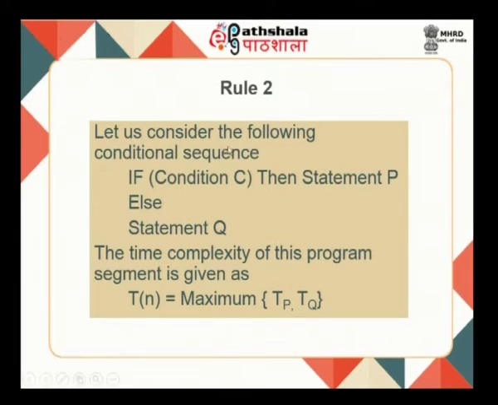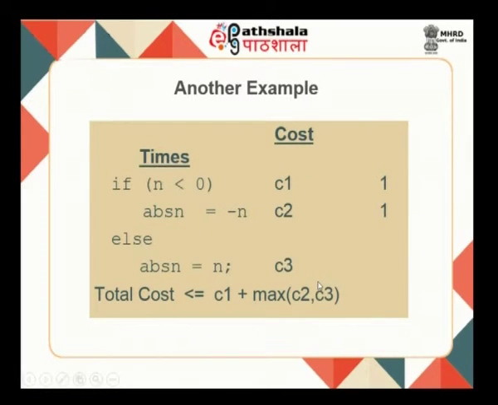In the case of iteration and in the case of branching, the cost calculation is like this. So, if condition C, then statement P, otherwise Q. In this case the time complexity is going to be the maximum of either this or this. This is the simplest example.